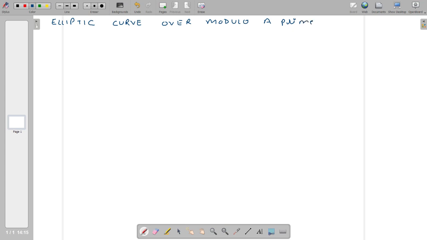If we define the normal elliptic curve that was on the real numbers, we can say that E is an elliptic curve.